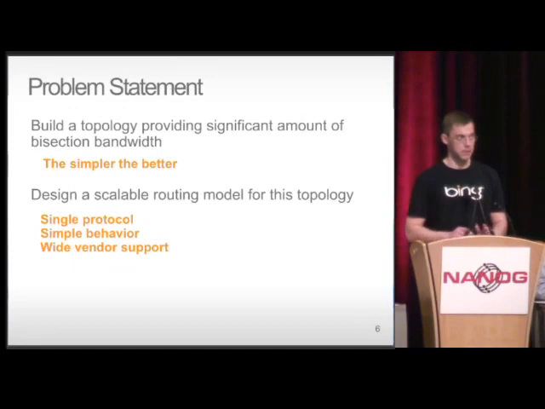The protocol has to have as simple behavior as possible, and very wide vendor support. The last requirement is specific because we often change our vendors for the purpose of driving costs down. So in order to keep the solution working, we need a protocol which has very wide interop and support from every vendor.